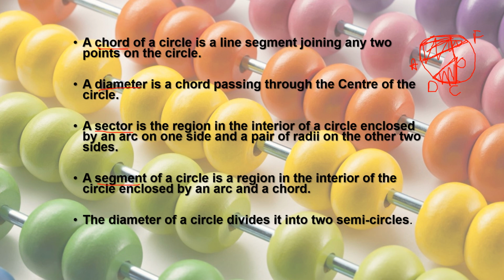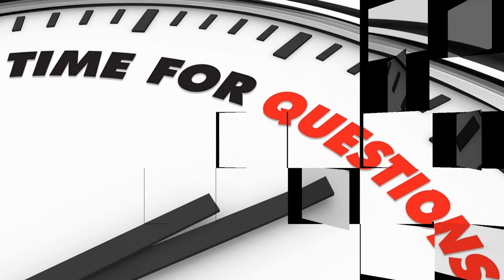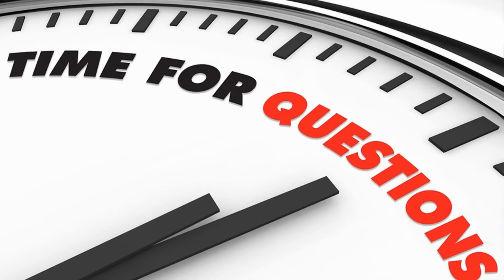We know that the diameter passes through the center, so this diameter of the circle divides the circle into 2 semicircles. So that's all for the theory part, and now it's time for some questions.